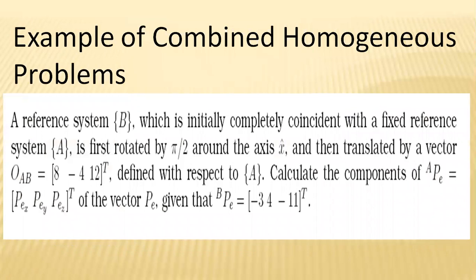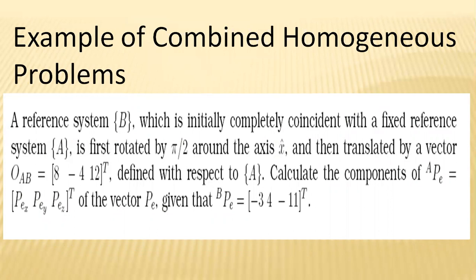Let's see one example related to this combinational homogeneous matrix: how the shifting will progress and on what parameters it will be calculated. Let's move on with one example.